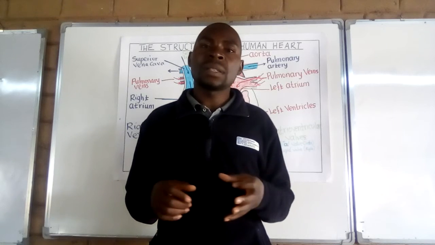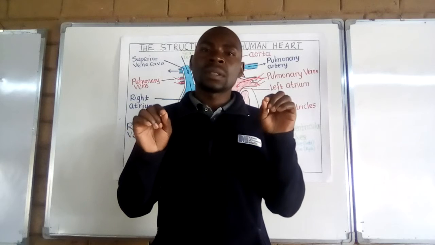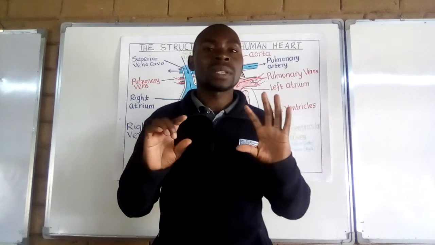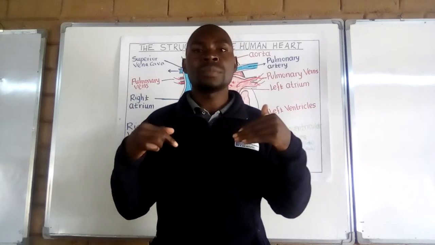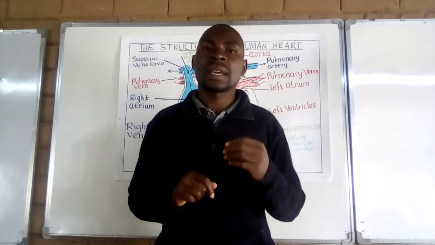And this happens when the aortic valve and also the pulmonary valve have closed. Once they close, they allow blood to enter into the heart, because at that particular time the heart muscles have relaxed.